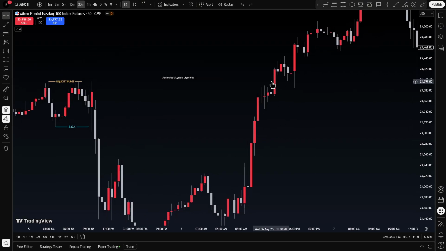Pretty nice, isn't it? Very, very simple concept, but it's very, very critical if you know it, because it can tell you where price is truly headed.